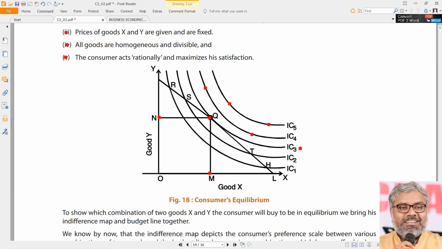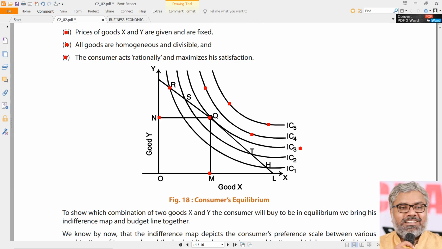That is one point. Second point. Let us take other points which are already given here. Say R. Is it fitting his budget? Definitely yes. Can he afford it? Definitely yes. But why doesn't he go for R? Because it is on IC1, and the satisfaction generated by IC1 is less than IC3.